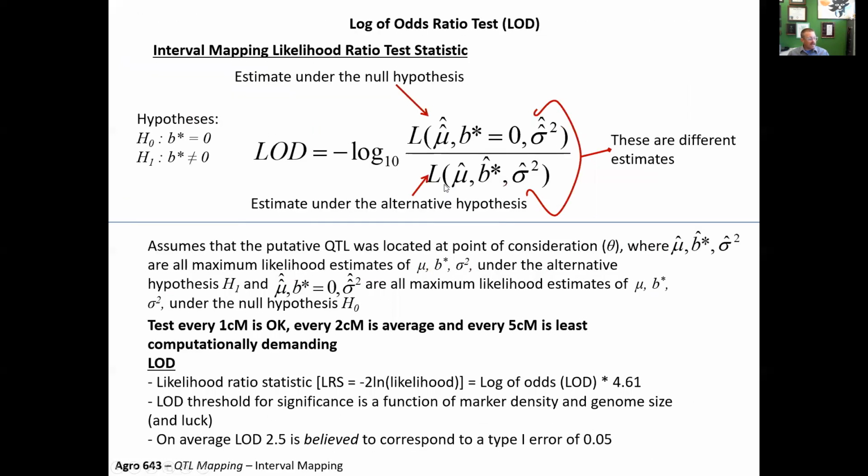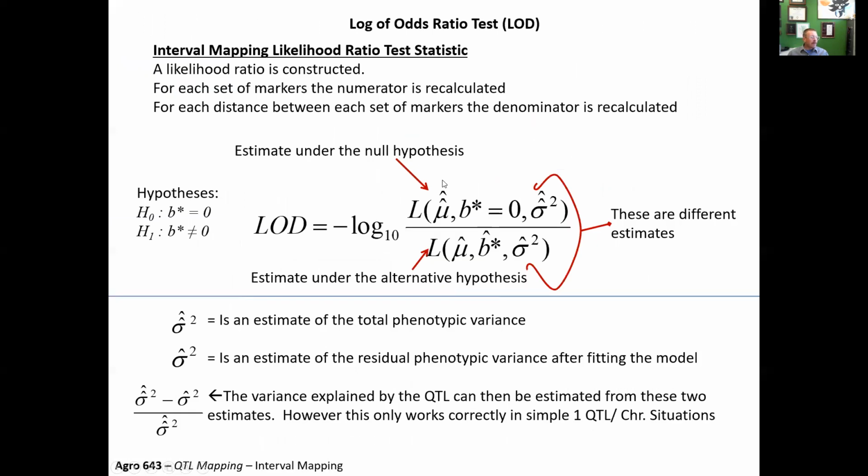nice smooth lines. A lot of people ask what a LOD score is, and to really understand the LOD score, we'd have to go through all the math. But in general, what we're doing with a LOD score is we're taking the negative log of the likelihood of the estimate under the null hypothesis, right?